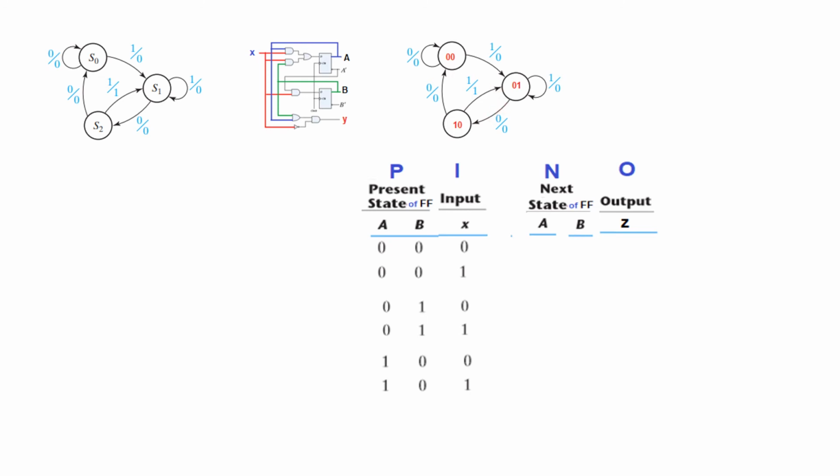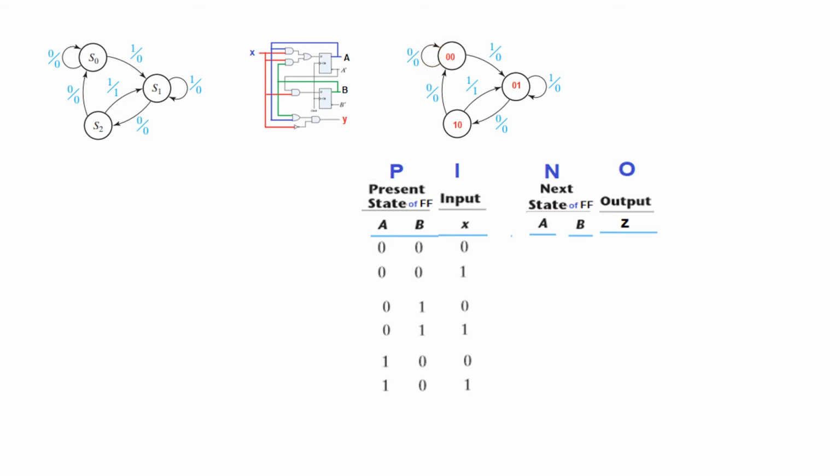Okay, now based on this and this, what will be the next state? So let's see, AB 0, 0, that means we are here. And x is 0, so you can see the first one is x and the second one is output z. So x is 0. Then what are we getting?